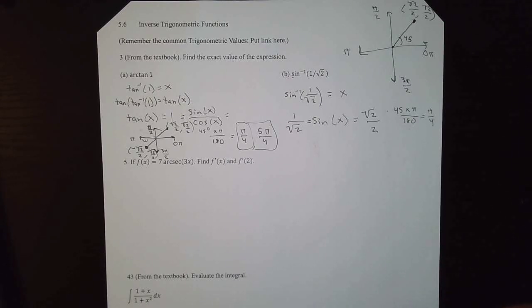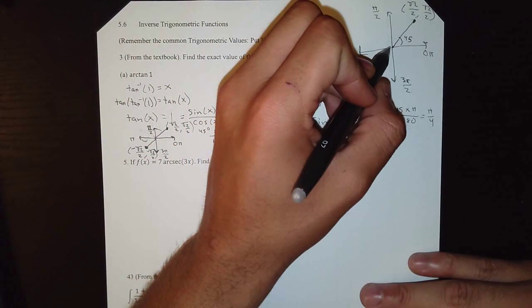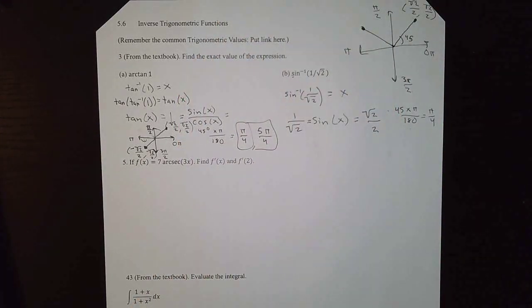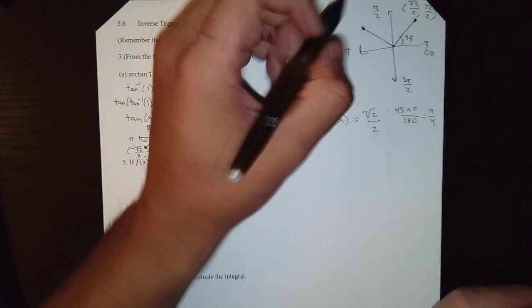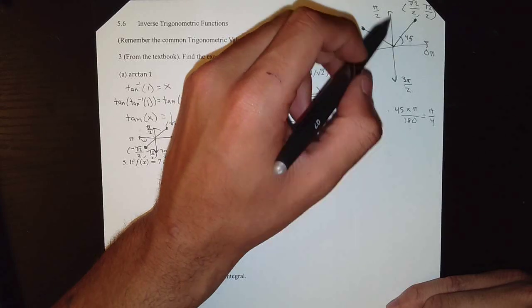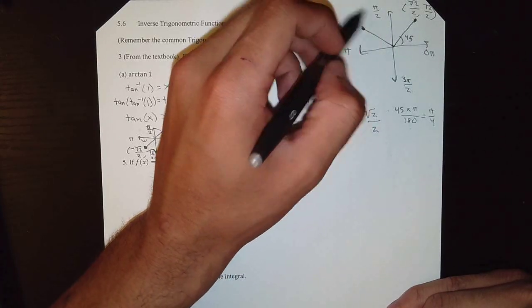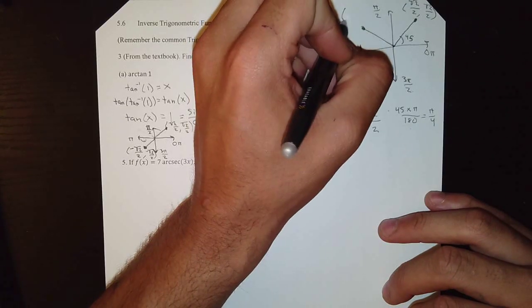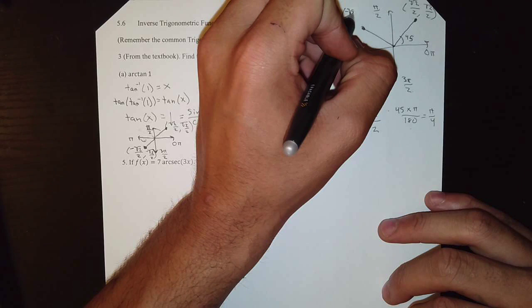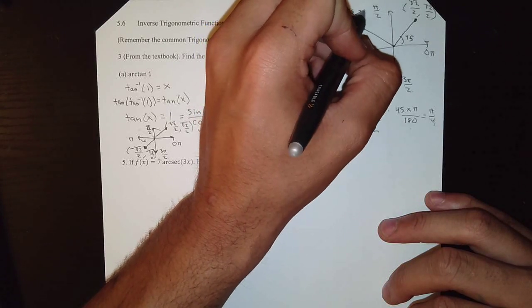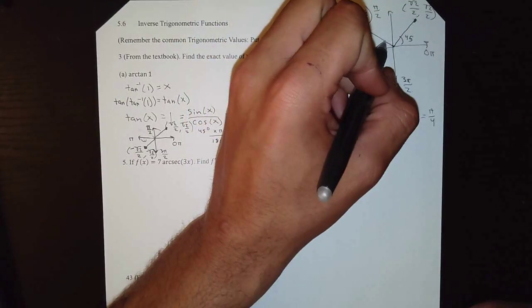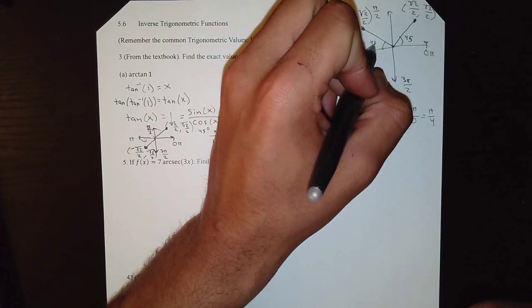Well, now that's one solution, but we also have to figure out where it's also positive. So we also have to figure out the other quadrant where it's positive. And so if we observe our sine value, or our y line, the y line is positive in the second quadrant as well. And so we know that this could also be the value. So this is the negative square root of 2 divided by 2, comma, the square root of 2 divided by 2. Well, we know that this angle is 45 degrees.